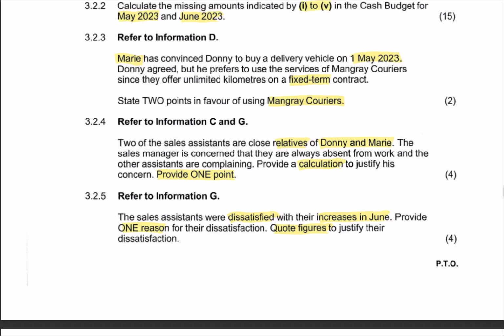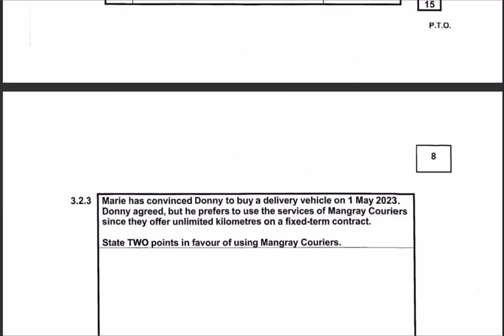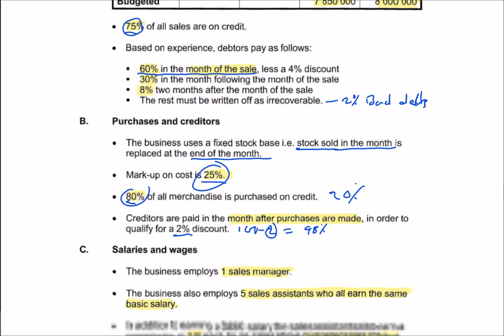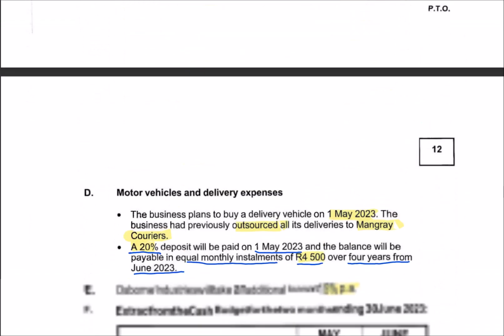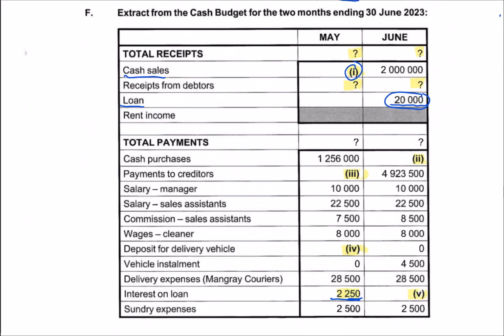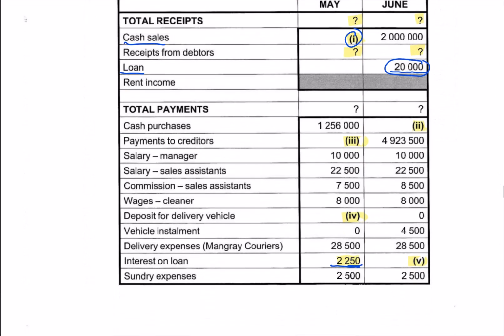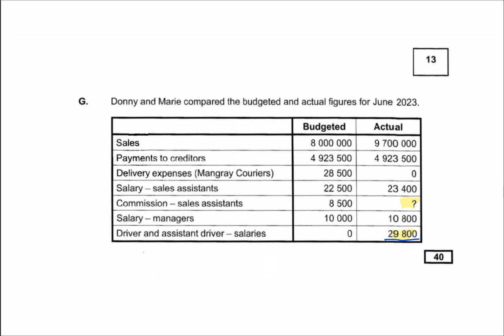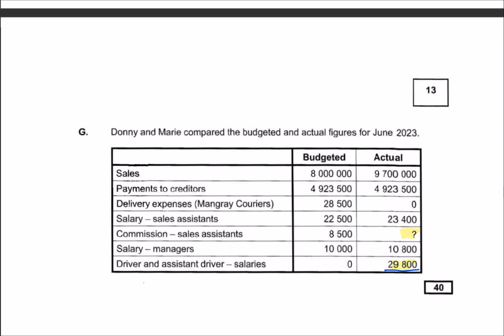Donny agreed, but he prefers to use the service of Mangre Couriers, since they offer unlimited kilometers on a fixed term contract. So unlimited kilometers, there are no repairs, there is nothing. So in terms of expenses, there is the delivery expense for Mangre Couriers of 28,500. But now, since they are buying a vehicle, they will need to have a driver and a driver's assistant.